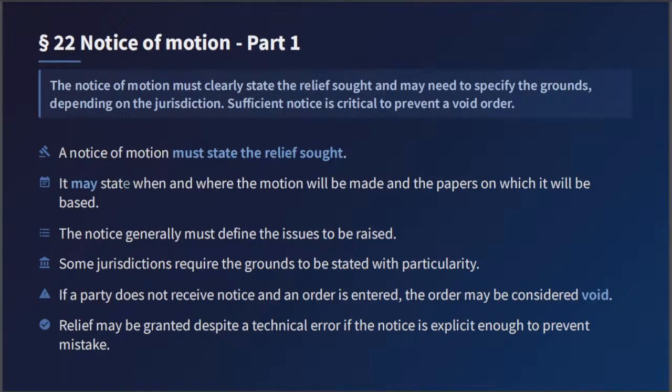It may state when and where the motion will be made and the papers on which it will be based. The notice must generally define the issues to be raised, generally. And some jurisdictions require the grounds to be stated with particularity on the notice.